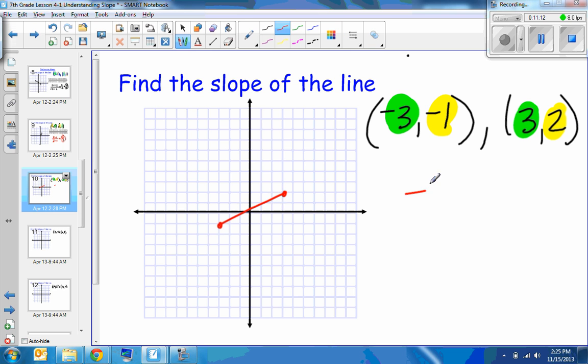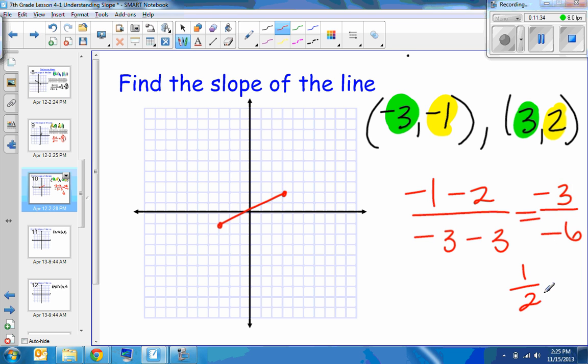So negative 1 minus 2 is negative 3. Negative 3 minus 3 is negative 6. We learned 2 negatives give us a positive, and that simplifies to 1 over 2. When I look at my line, it's a positive line.